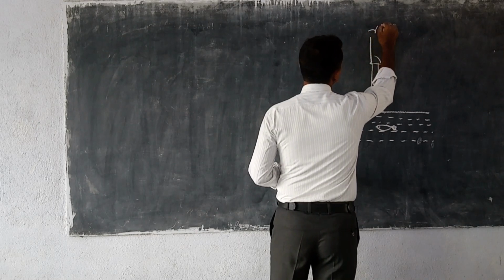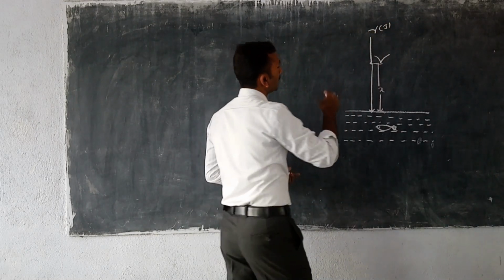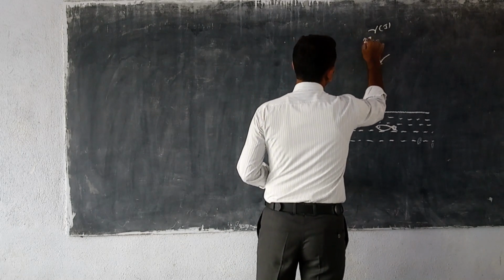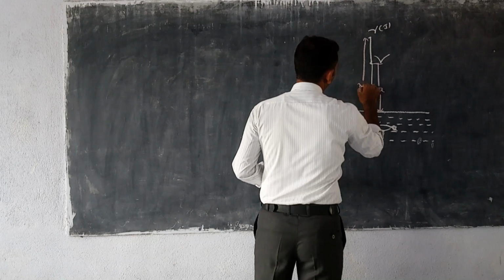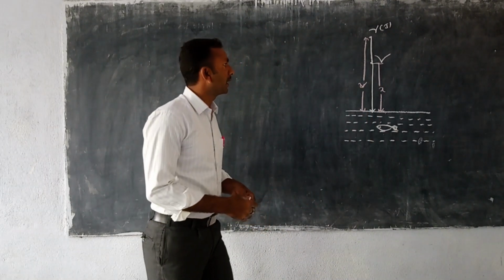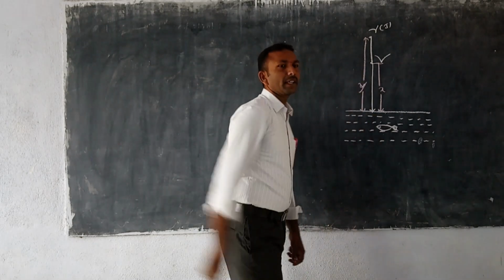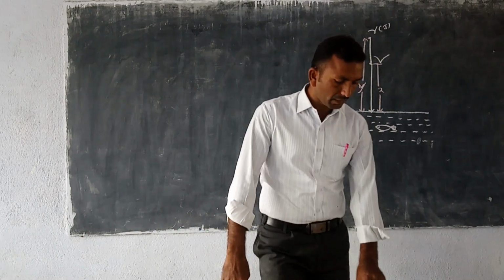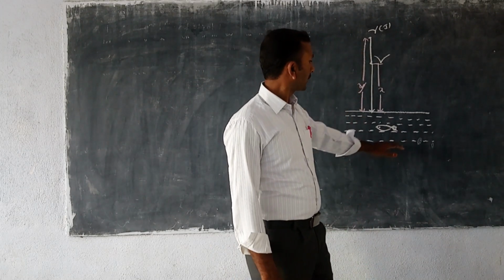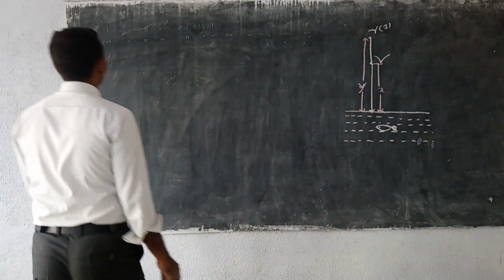Here the bird's image will be forming, and we take this distance as small v, which is small y, and we take this value as small I. This is the construction of the picture based on the values.